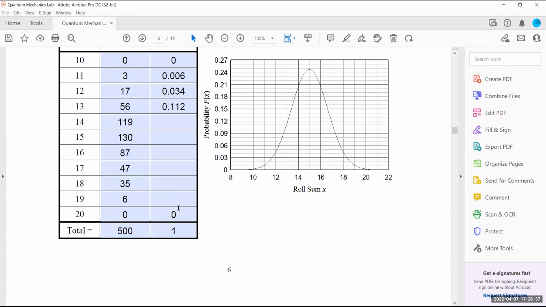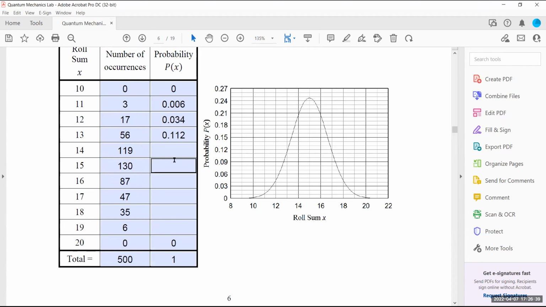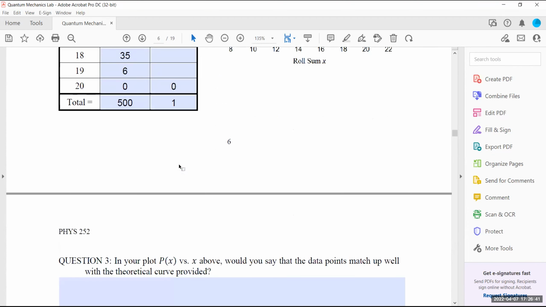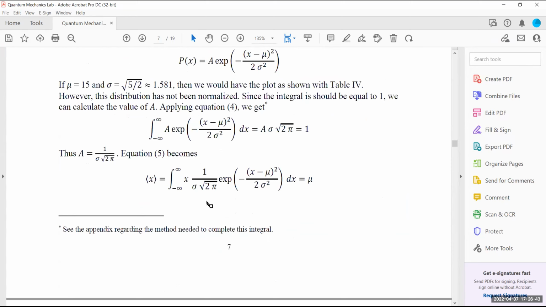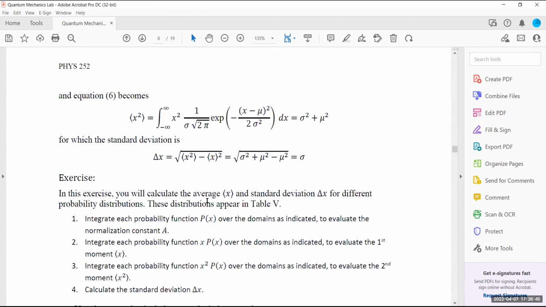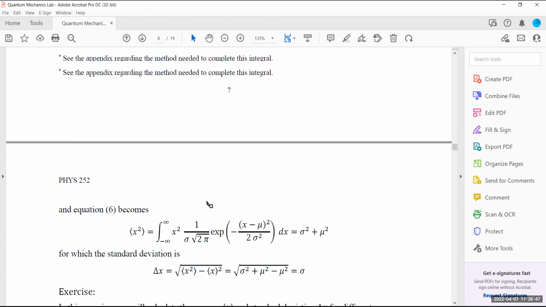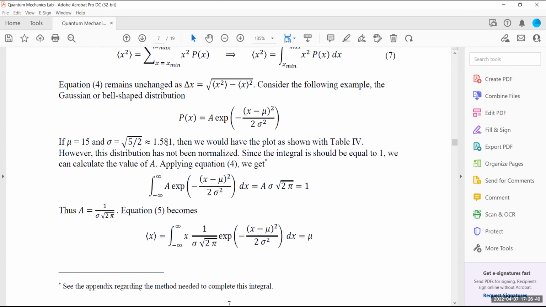And this is actually what we should end up with. The average should be 15. And the sigma for this distribution should be this value. If we do it with extremely high precision, this is your value for sigma that you should find, 1.581, because it approaches a Gaussian, whose average is going to be 15. Then we would have that plot.